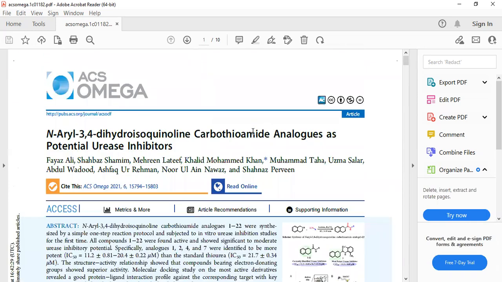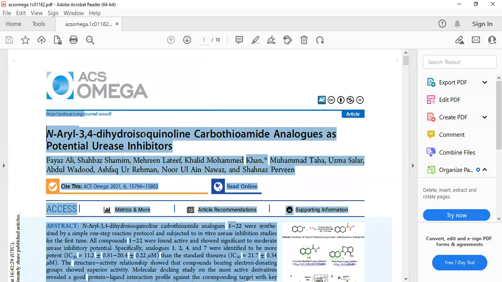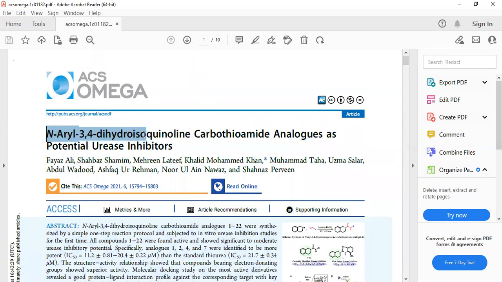Now, our research paper contains many topics. Its name consists of NRL 3,4-dihydroxyacetylcholine carbothiamide analogs as potential urease inhibitors. This means two different researchers have different needs.